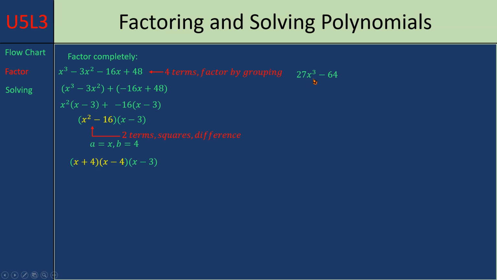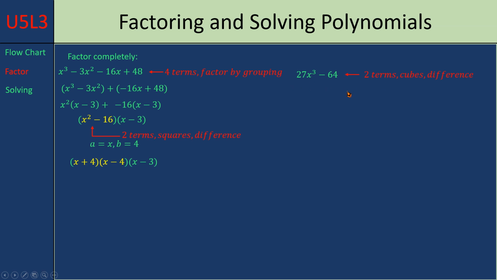I have 27x cubed minus 64. First step, GCF. Is there anything to take out from 27 and 64? No. 27, the factor of 27 is just 3 and 9. Can't do that with 64, so no GCF. And then I look, 2 terms, 3 terms, or 4 terms. It's 2 terms, right? 2 terms, and they are cubes, not squares, and they are a difference.